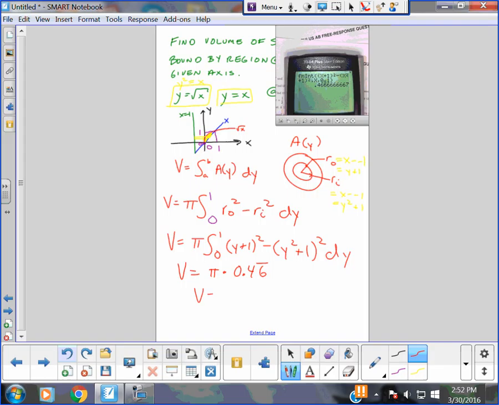So the volume of this is 7/15 pi. And if you multiply it out, that's fine. Just go to 4 decimal places. If you take the answer times pi, 1.466. I agree. 4 decimal places.